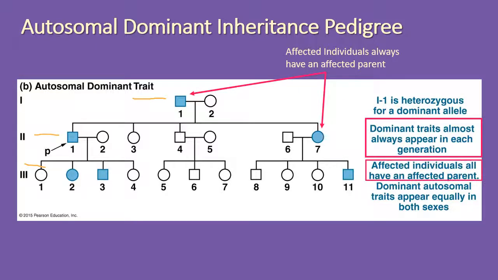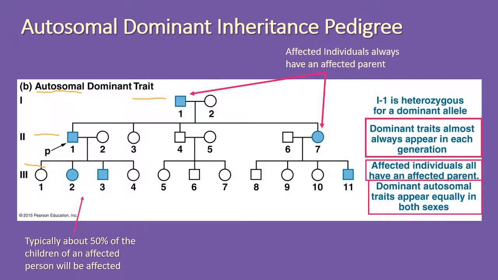In order for a child to be affected, one of the parents has to be affected, because they have to be able to pass down that trait. And if they have the trait, then they're affected, because you only have to have one copy of the allele to be affected. Dominant autosomal traits appear equally in both sexes, again because it's autosomal. If it was on the X chromosome, it would be a different story, which we'll see in the next chapter.